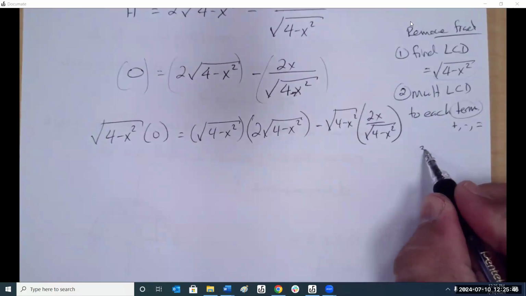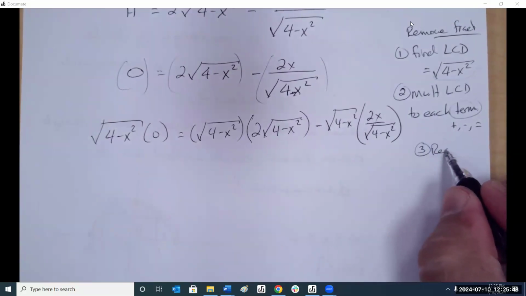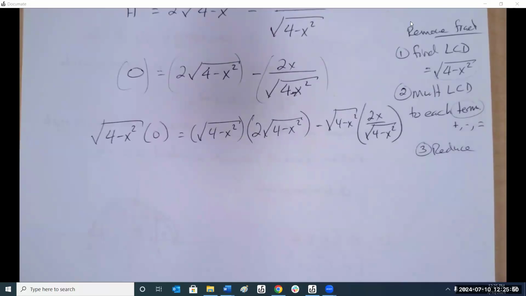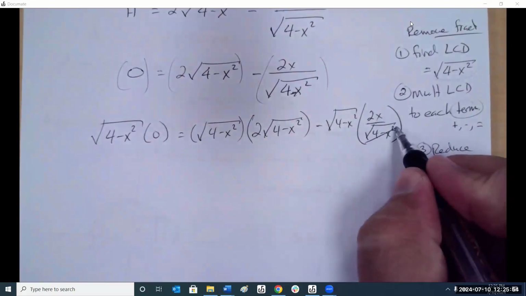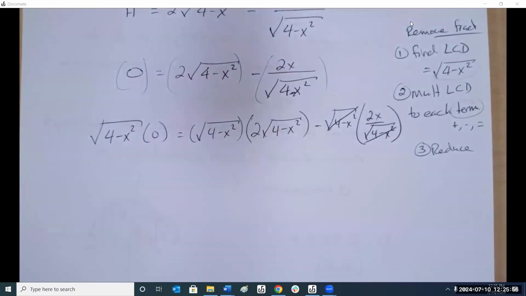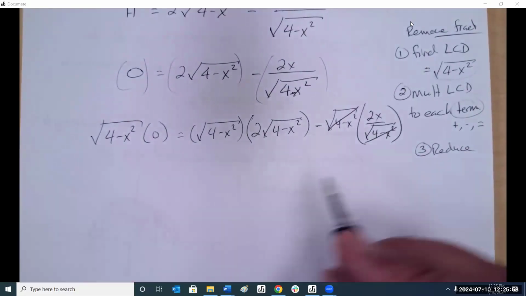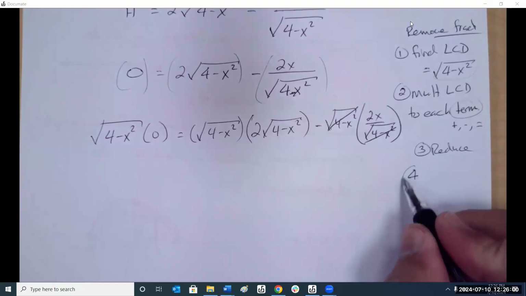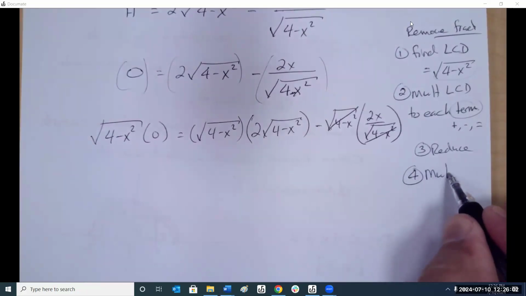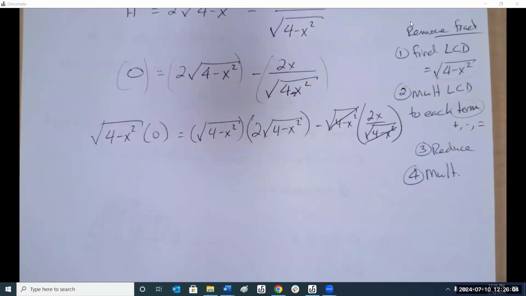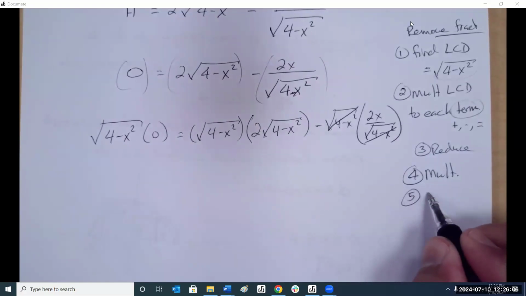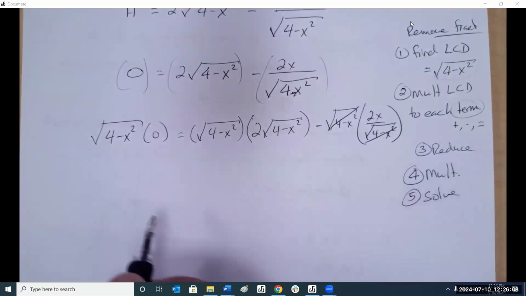Third step, reduce. Because the whole reason we multiply by the LCD is to get rid of the fractions. So we get rid of these guys. Multiply to get rid of parentheses, and then solve for your variable.